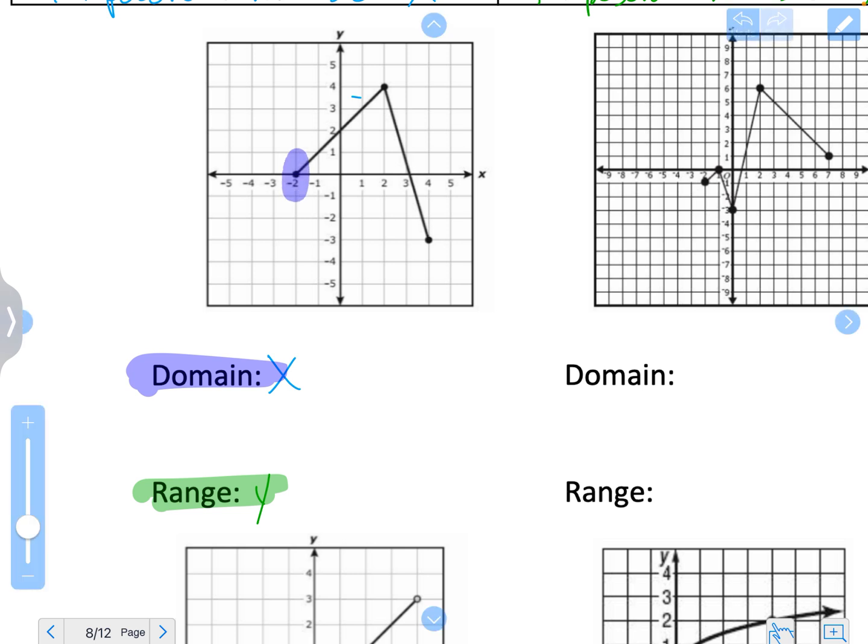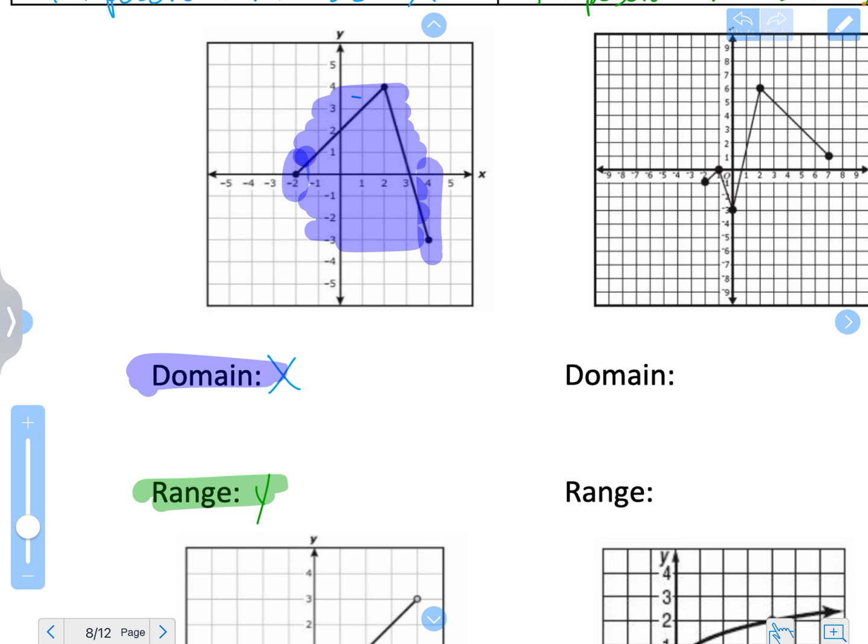So this -2 is the furthest in that direction that my line goes. And I'm going to trace the line, and then this right here is the furthest to the right my graph goes. What that tells me is that my graph is going to be contained in between these two points. My domain could be any number in that range.